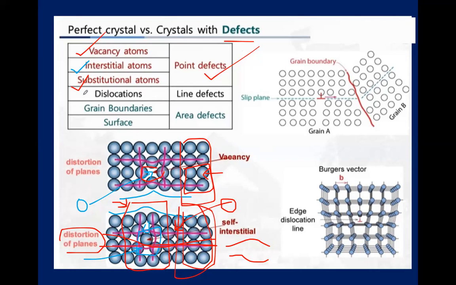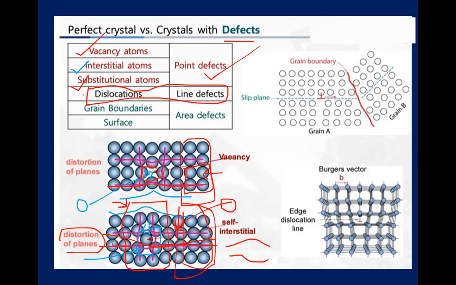But majorly dislocations are defined when the defect is happening mainly as a line, right? For example, this line is defected. So that's why we can use the term dislocation there.